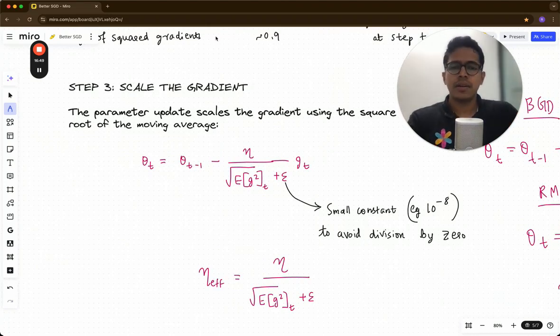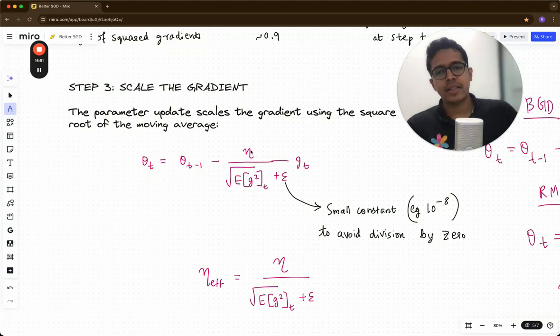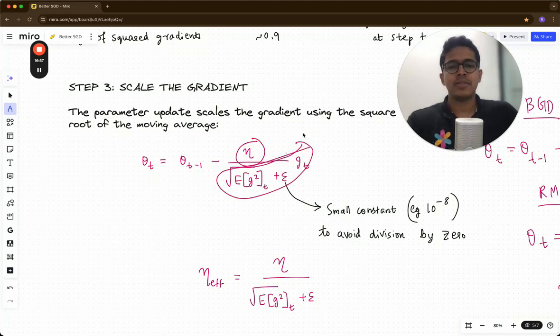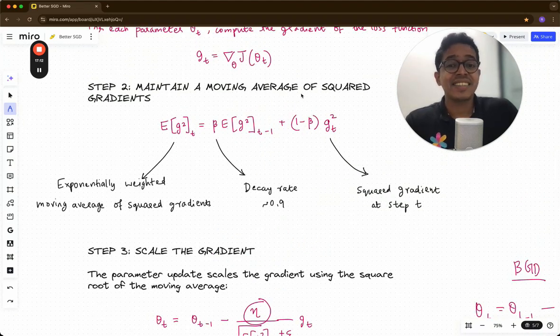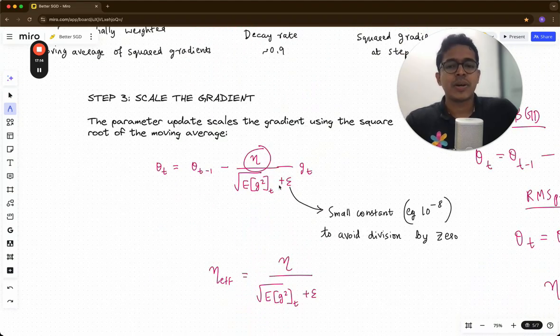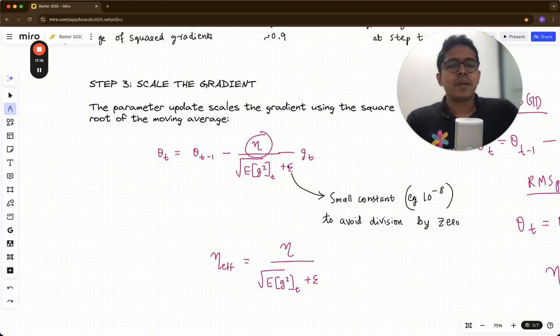You can think of this in two ways. Either you can think that the learning rate is constant and you are adapting the gradient itself. So you can say that the learning rate remains as eta, but the gradient will be gt divided by the square root of the moving average of the squared gradient, plus epsilon.